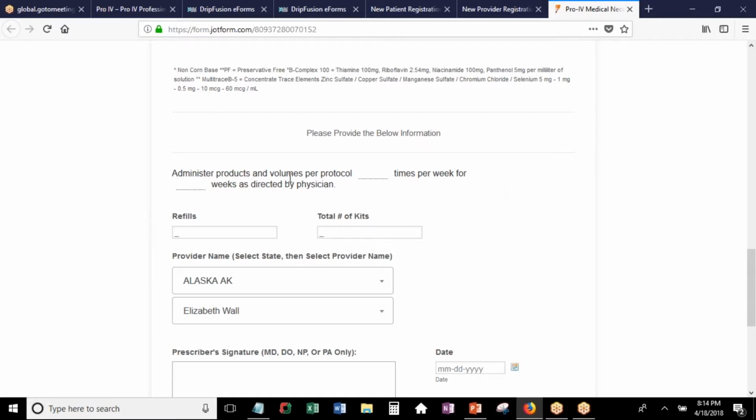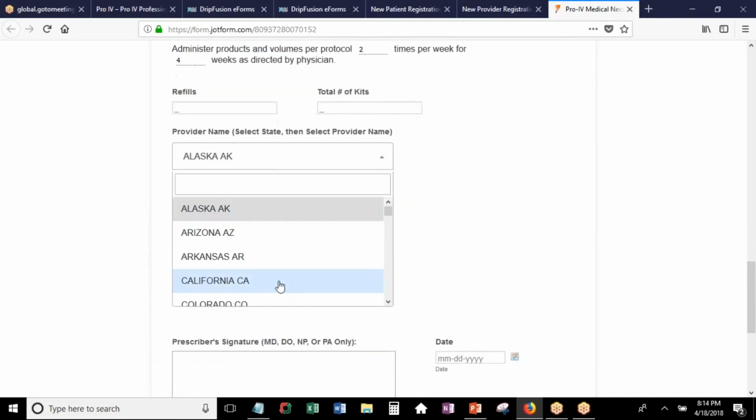That's big. So if you want to do twice a week or once a week for 4 weeks, then we need to know that, so we know how many bags we're sending out to you. Okay. Refills, total number of kits. And then you're going to select your provider information and sign it.